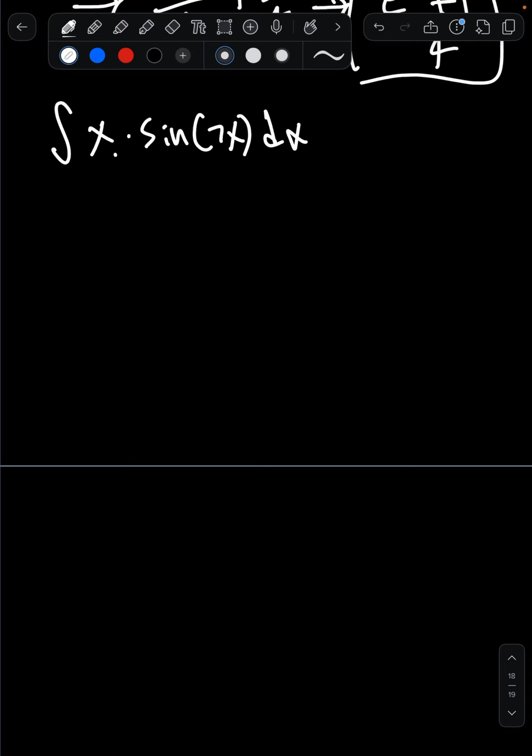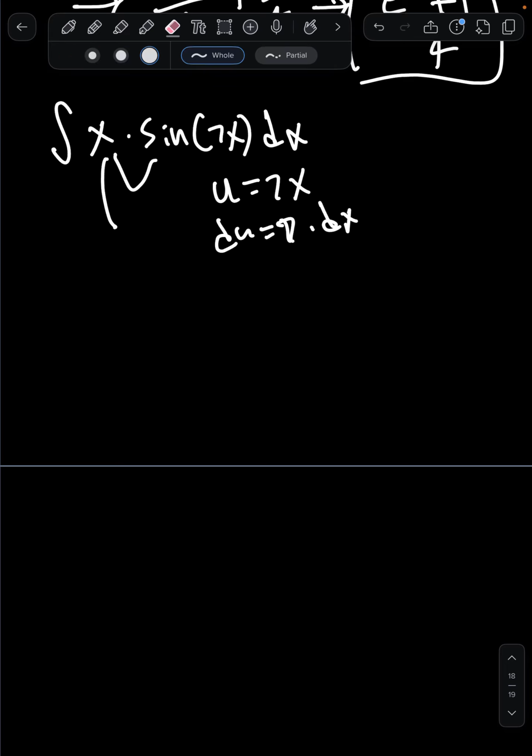We have two functions being multiplied together, giving us a product. And u substitution will not work here, because if we let u equal 7x, the derivative of u is 7 times dx, and we still have this extra x here. So it will not work. We will have to use integration by parts.